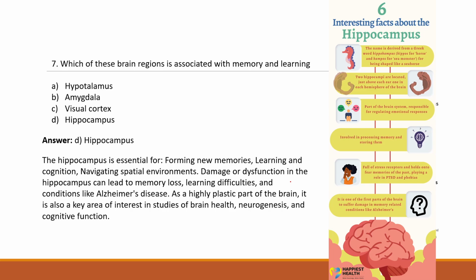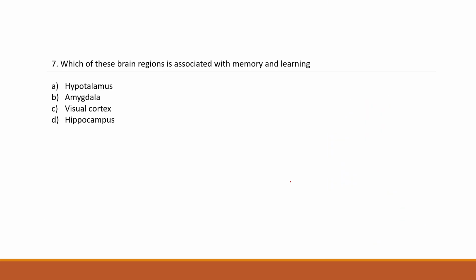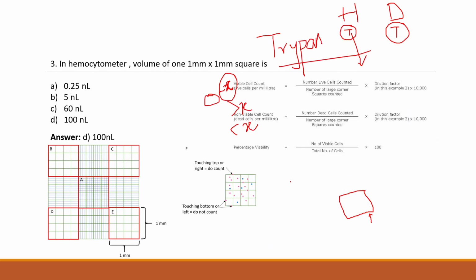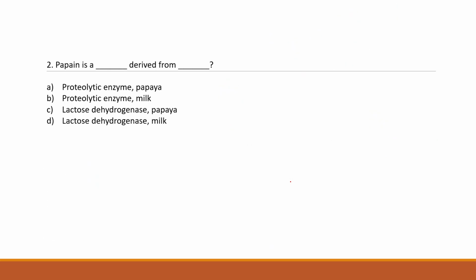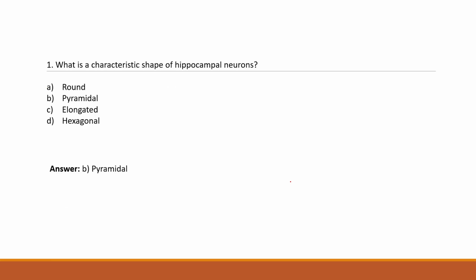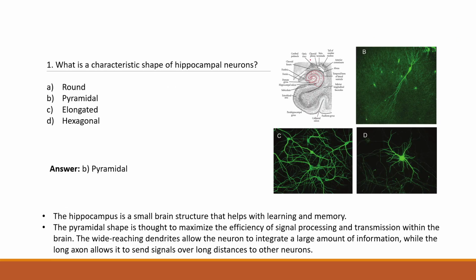Why is it called hippocampus? It is derived from the Greek word hippocampus with a K. Hippos in Greek, not English, means horse and campos means sea monster. You can see the shape, maybe not in this cartoon, but in the image I showed in the first question. Here you can see the shape of your hippocampus.